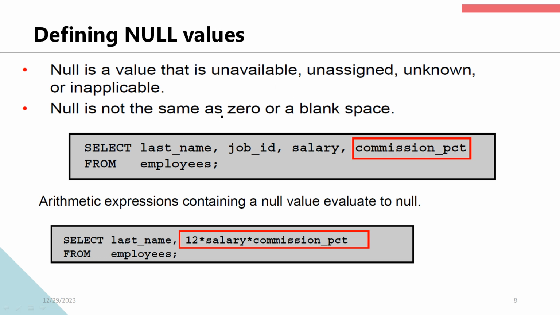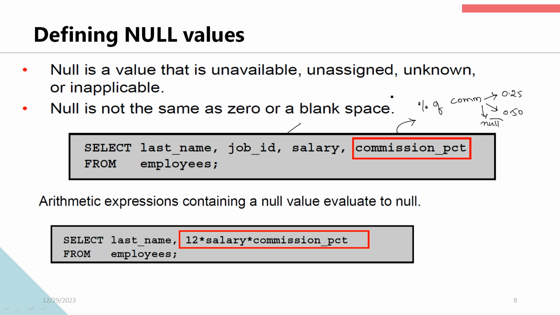Right? So here, commission underscore PCT is such an attribute which gives you the percentage of commission that each employee earns. So generally the commission will be given only when he is working for more time. So few employees will be earning 25% of their salary. Few employees will be given 0.5 of their salary and few employees will not be earning any commission at all.